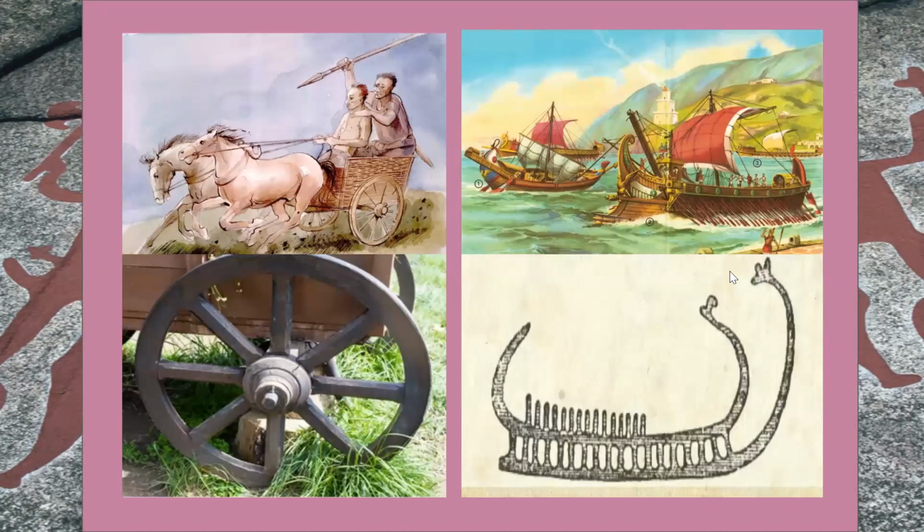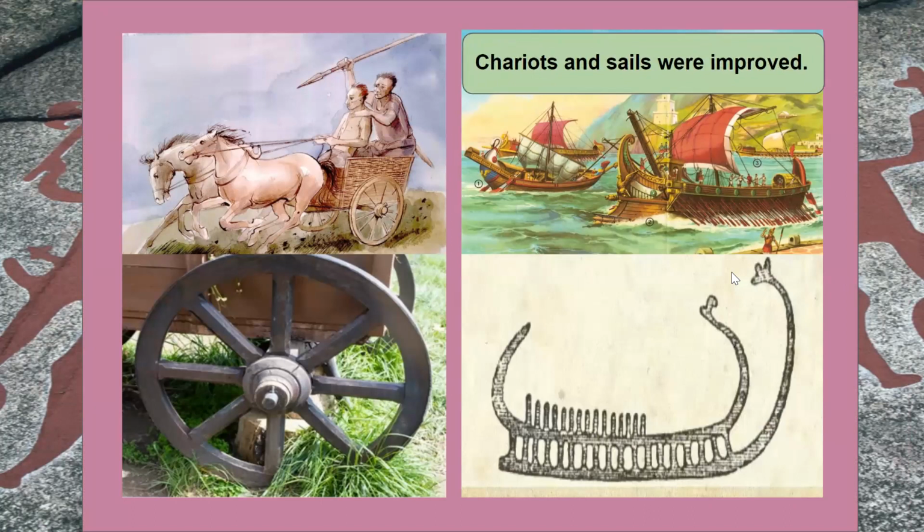With the discovery of iron, chariots and sails were improved. They made iron spokes and rims that fitted into the wooden wheels of chariots that enabled them to move faster.